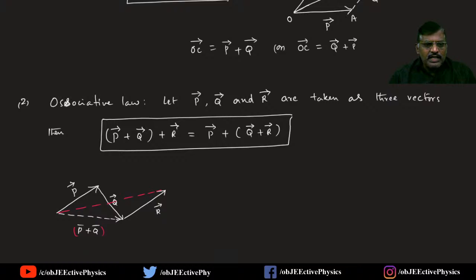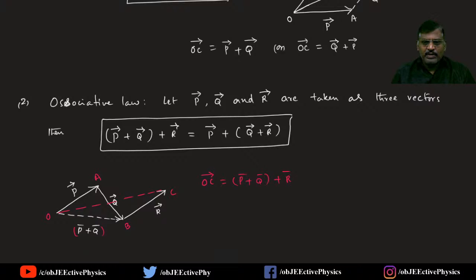Let us take here OA as first vector, AB second vector, BC third vector. Then OC bar is equal to P bar plus Q bar plus R bar in the diagram.